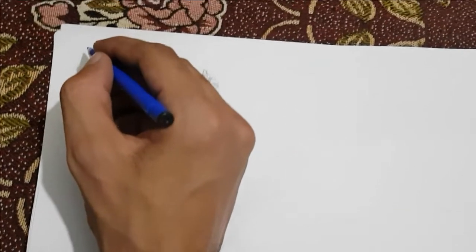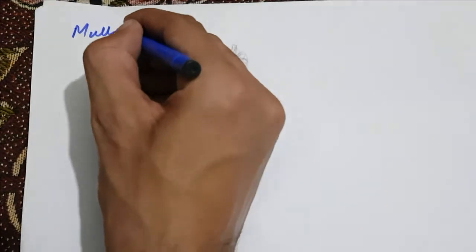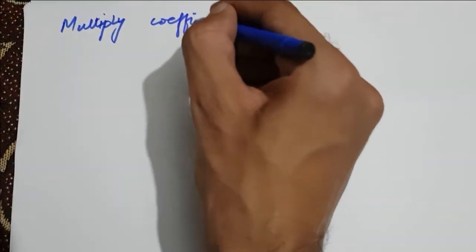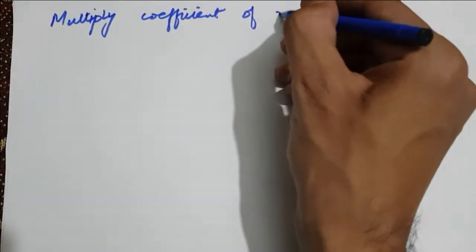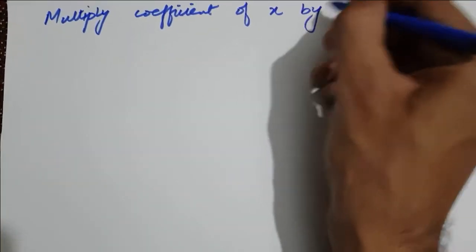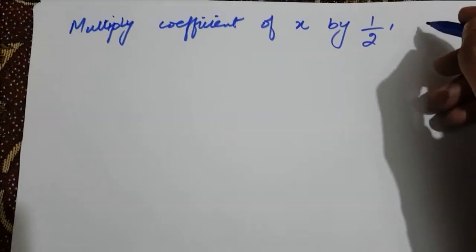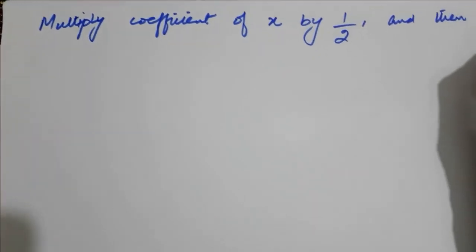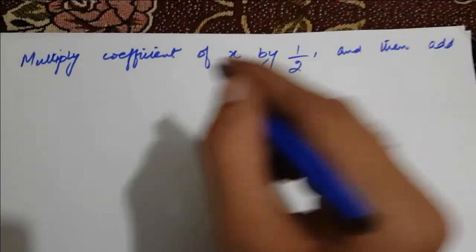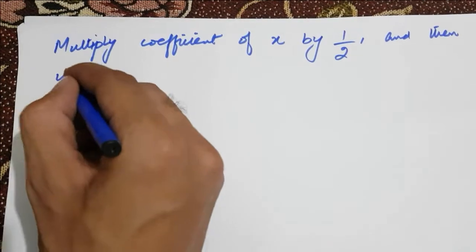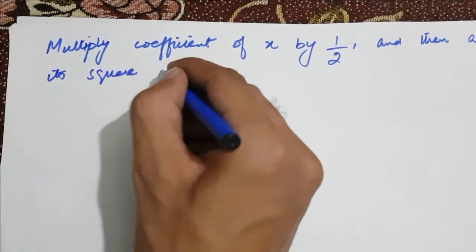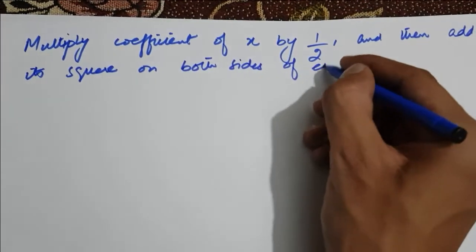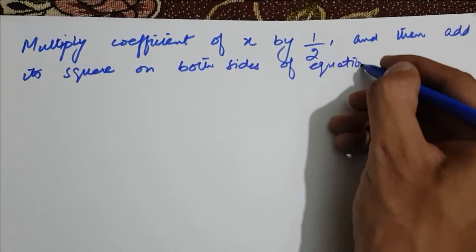What we do is we multiply the coefficient of x by 1 by 2, and after multiplying we add its square on both sides of our equation.